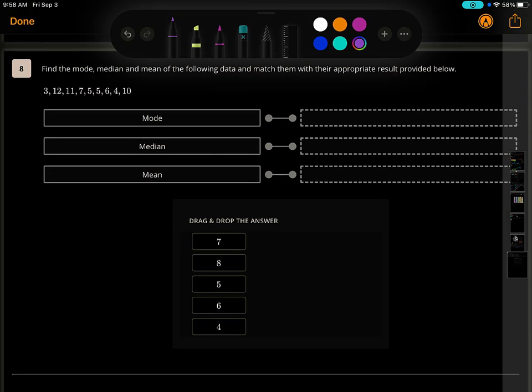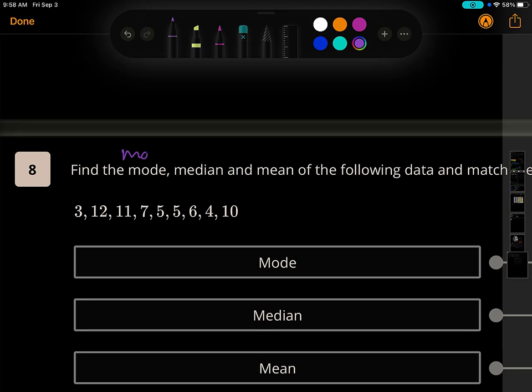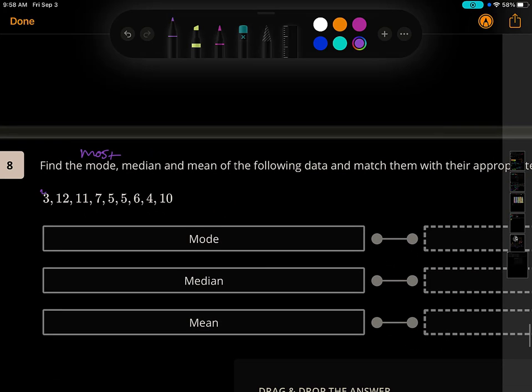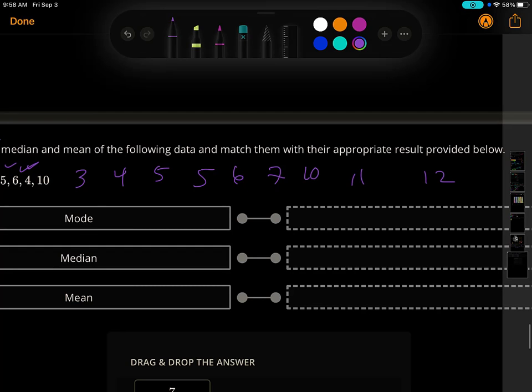Number 8, find the mean, median, mode of the following data and match them with the appropriate results. Okay, so for mode, it means the most. Is there a number that is repeated many times? Sometimes if you just put the data in order, which I'm going to do: 3, 4, 5, 5, 6, 7, 10, 11, 12.